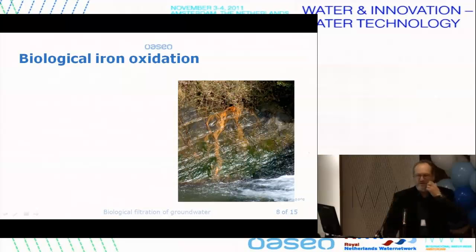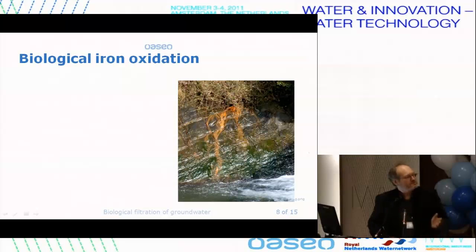Now, for the first process, iron oxidation, when people talk about biological iron oxidation, the first thing they think of is some sort of a layer between an anaerobic anoxic zone and an aerobic zone. So where anaerobic groundwater comes to the surface, you often see in nature the growth of iron oxidizing bacteria.